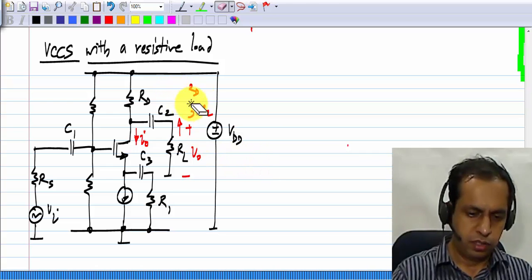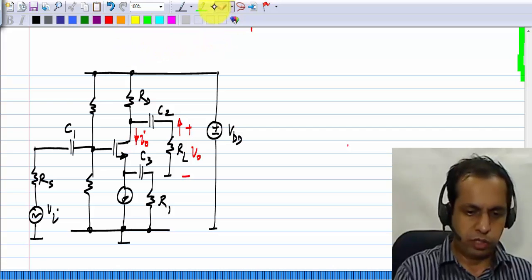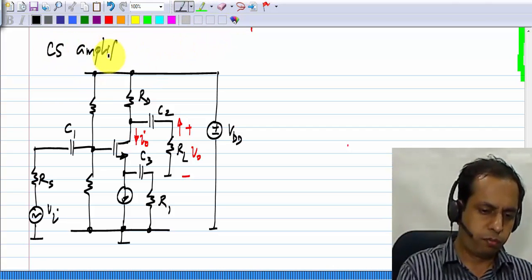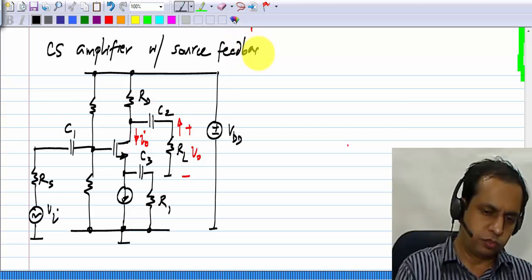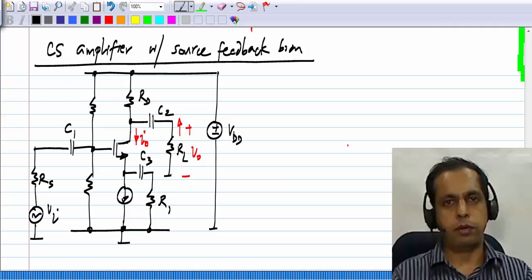Okay, now let me go back to that circuit. Common source amplifier with source feedback bias.